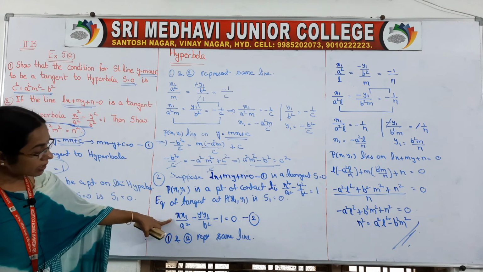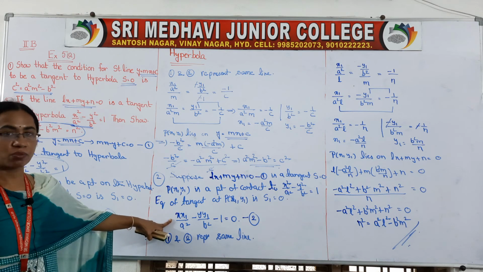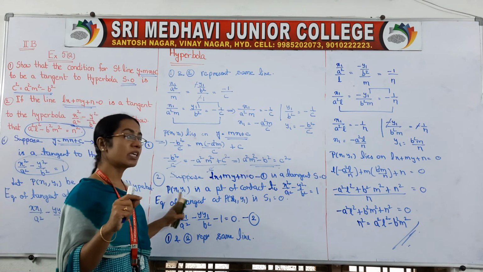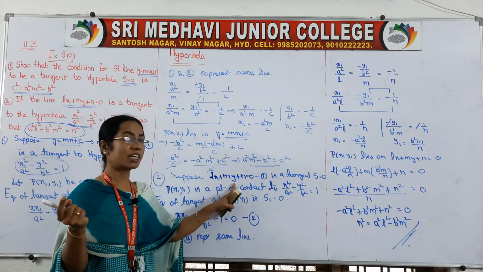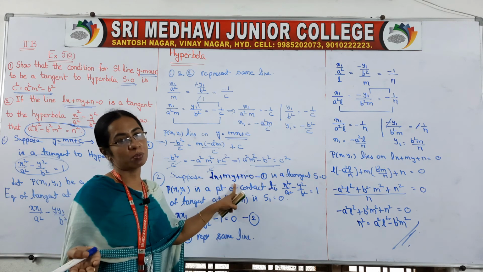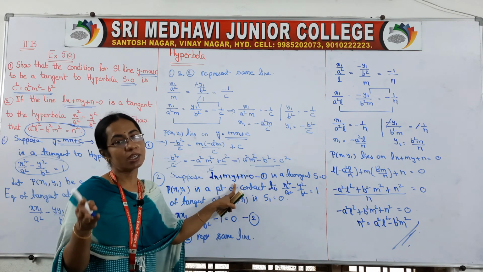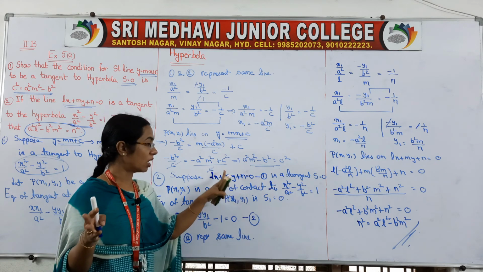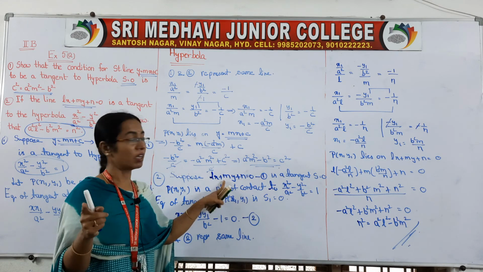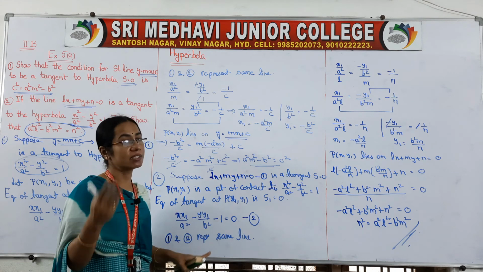So this is a tangent at the point P(x1, y1) and we have taken P(x1, y1) as the point of contact of this line with the hyperbola. That means both are nothing but the tangents to the hyperbola at the point P(x1, y1). So both represent the same line.